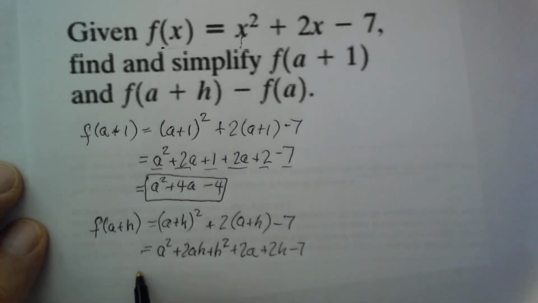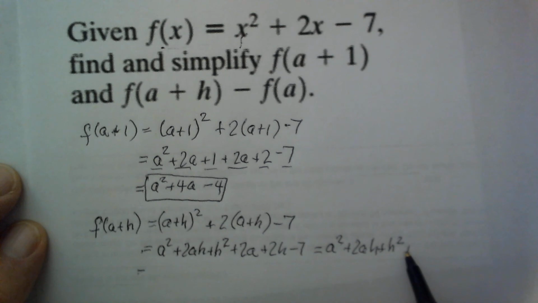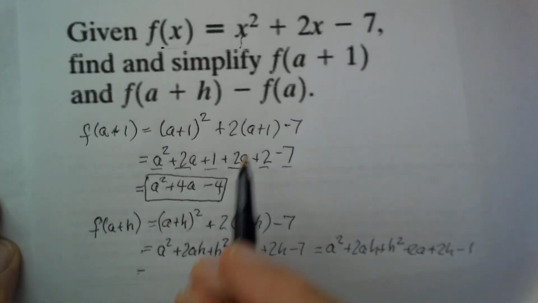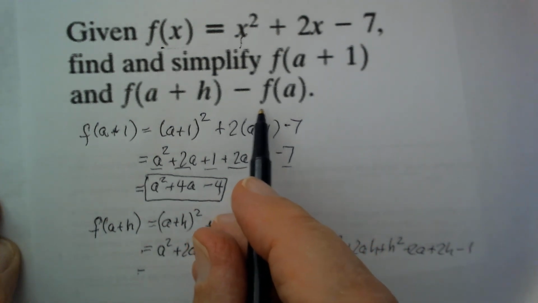So combining like terms, that becomes a squared plus 2ah plus h squared plus 2a plus 2h minus 7.